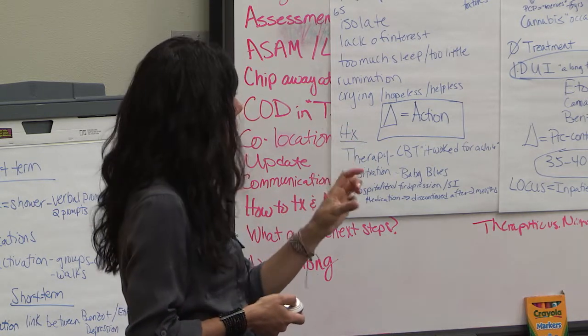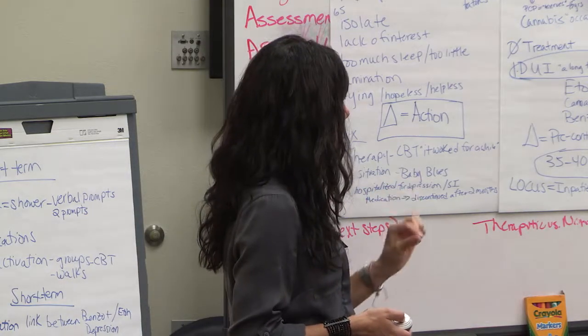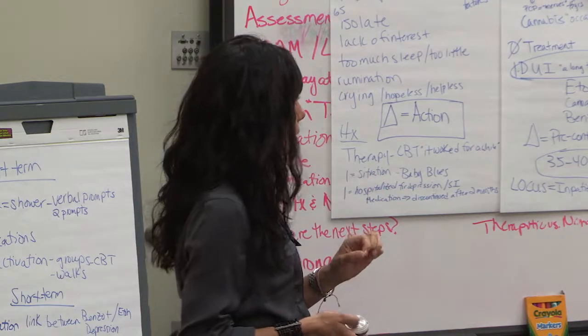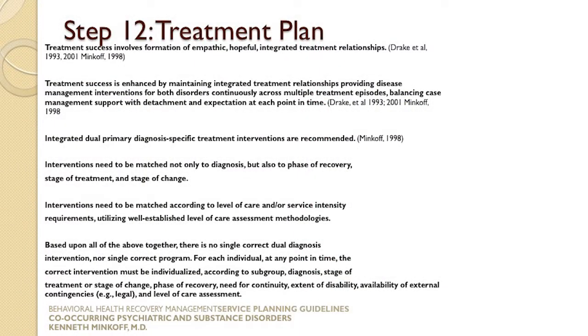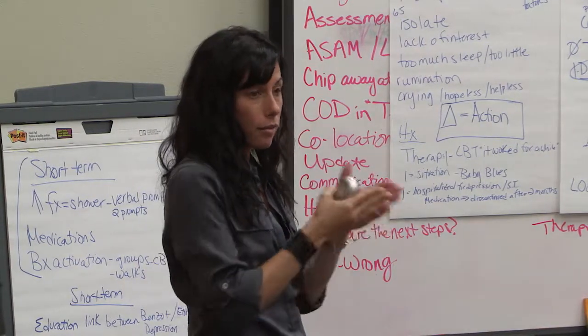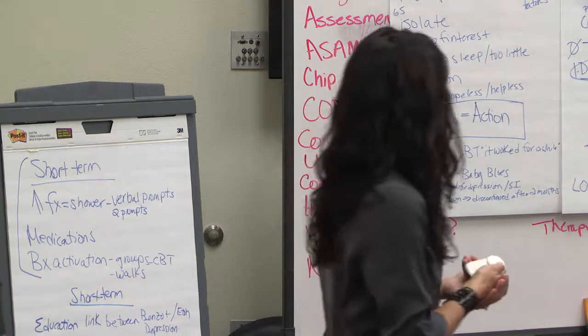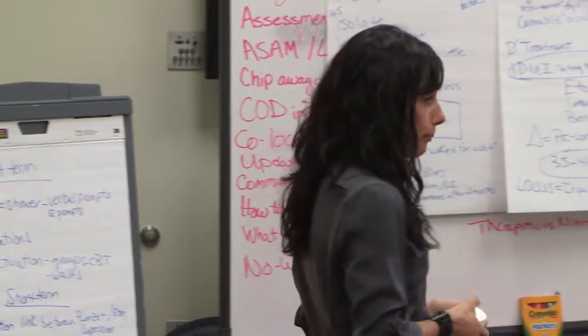That's what we're talking about with subgroup. Diagnosis, stage of treatment or stage of change, phase of recovery, need for continuity, extent of disability, availability of external contingencies, and the level of care assessment. So it really is the entirety of all of those data points coming together to help identify what does this individual need in the here and now. That's it.